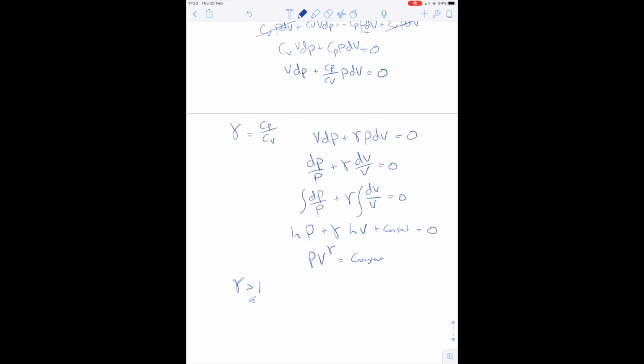We can use this term for our adiabatic expansions, but we can also say that because we know PV equals RT, we can also say that in that situation, T V to the gamma minus 1 must also be a constant, and we can also say that pressure to the 1 minus gamma times T to the gamma is also a constant.